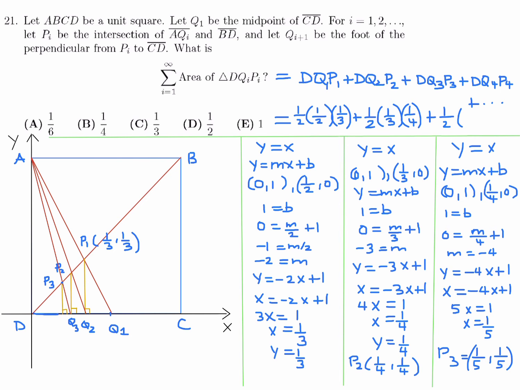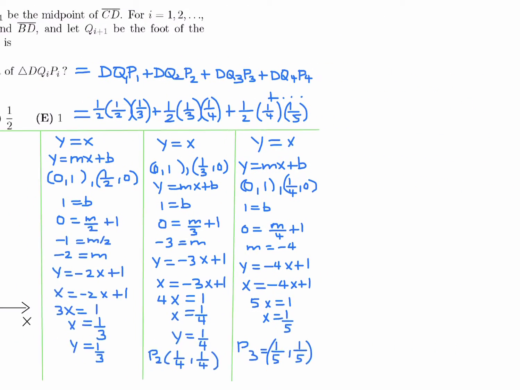The base is from here to here. So the coordinates of Q3 were 1/4. And then the height is the y coordinate of P3, which is 1/5. Okay, so I've got a pretty decent pattern here.